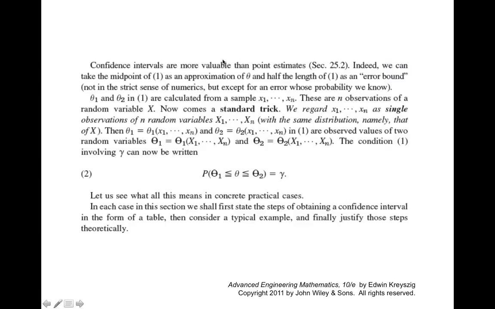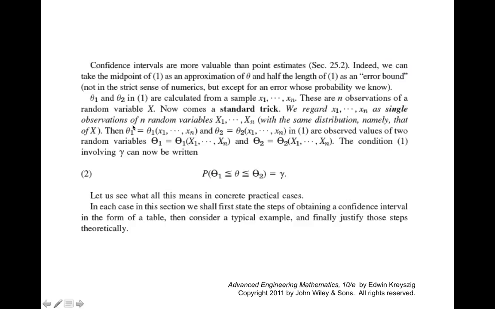So confidence intervals are more valuable than point estimates. In fact, you could take the midpoint as an approximation of the parameter, and you can think of it as almost like an error bound. So if you assume you have n observations in some random variable x, basically you think about x1 to xn as a single observation of n random variables, and that all of those random variables will have the same distribution.